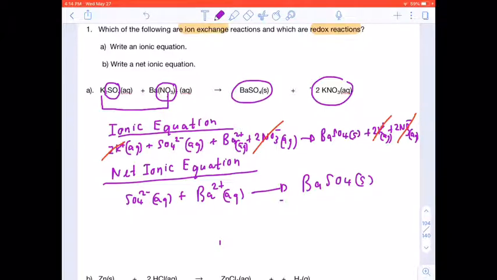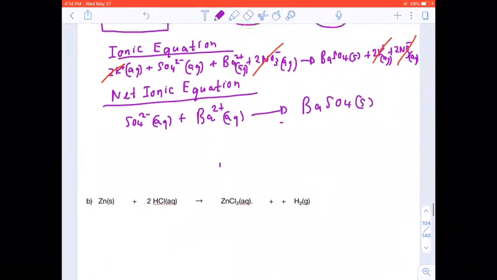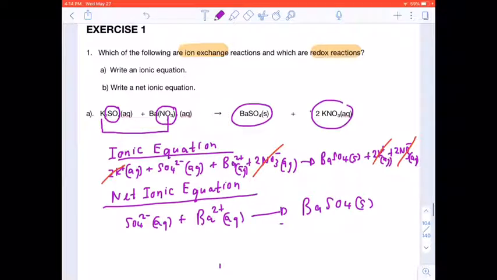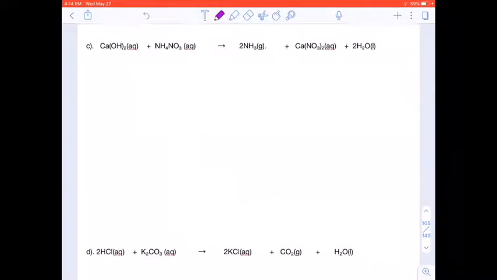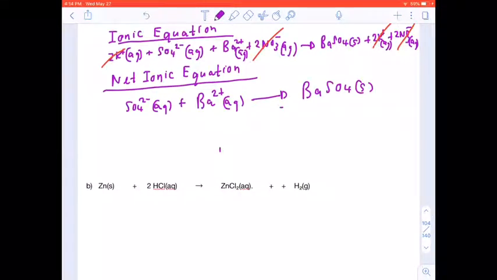Right. So that is then an ion exchange reaction. Let's look at the next one. Here we've got zinc. So we have our molecular equation, and let's look at the ionic equation.